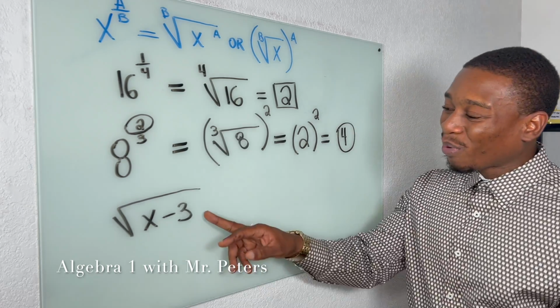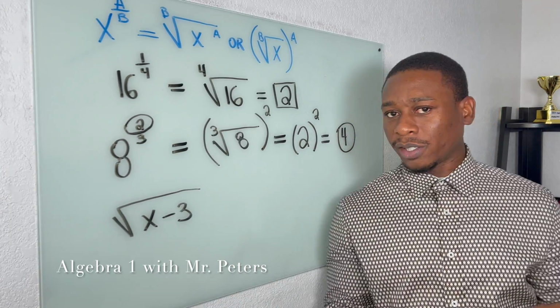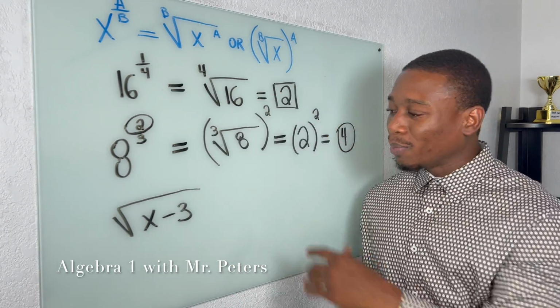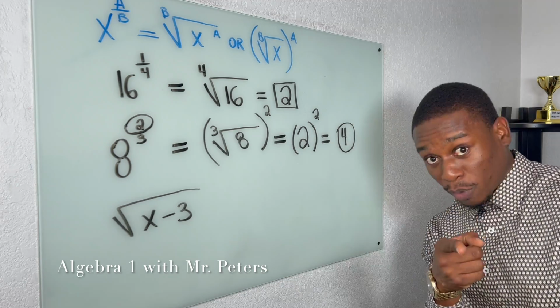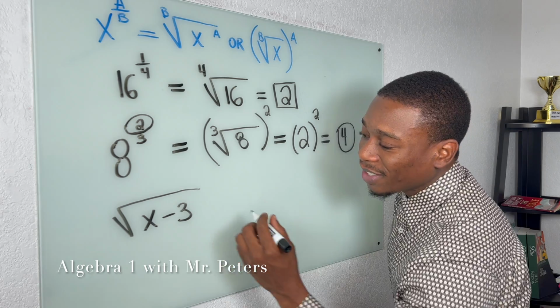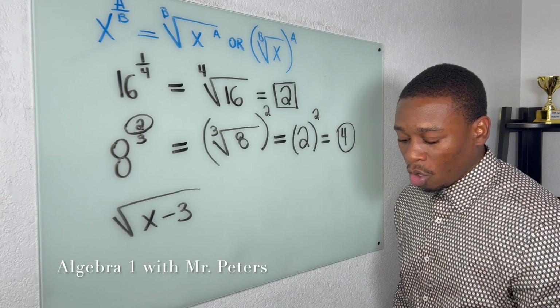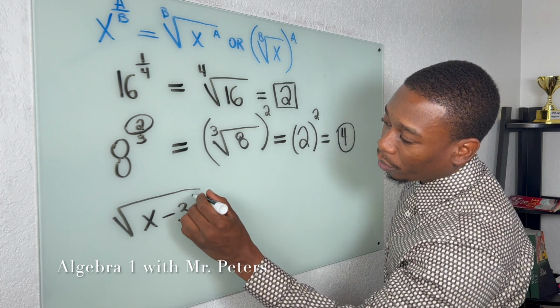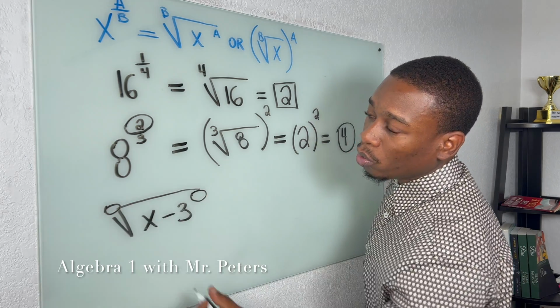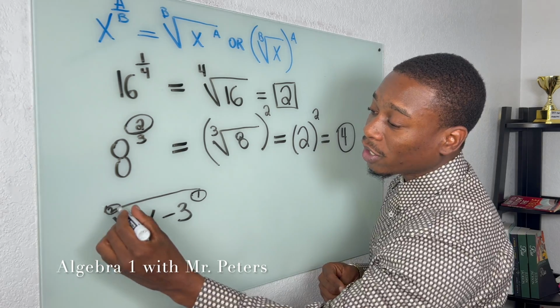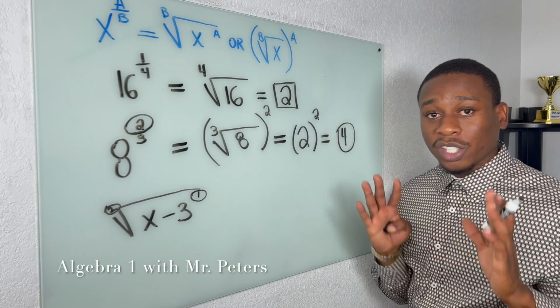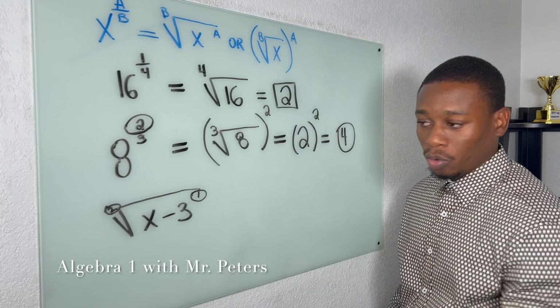Now, my last problem here, I had to throw this in, guys, because in math we start off simple and then we throw you a curveball, and sometimes students get confused, but your boy Peter's got you. So the same thing is going to apply. We do not see a power, we do not see a root. So, guess what? We're going to assume that this is 1 and this is 2. That is the standard with any radical, okay?